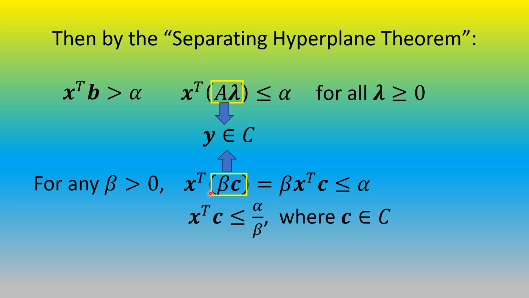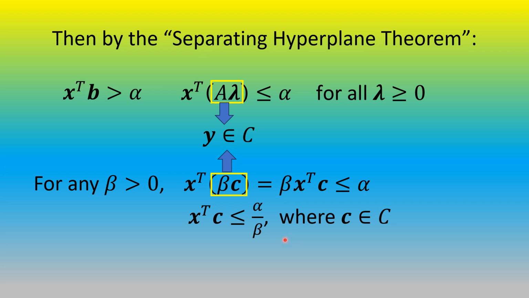So we have x transpose times that equal to beta x transpose c, and that's less than or equal to alpha. Since beta is greater than 0, that must be true. Then if we divide by beta, we get x transpose c is less than or equal to alpha divided by beta.